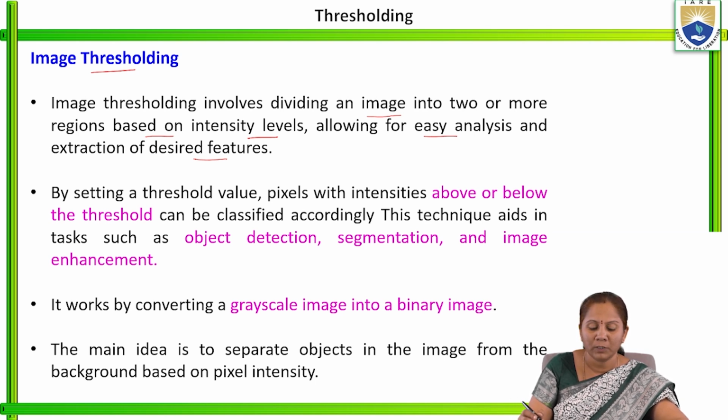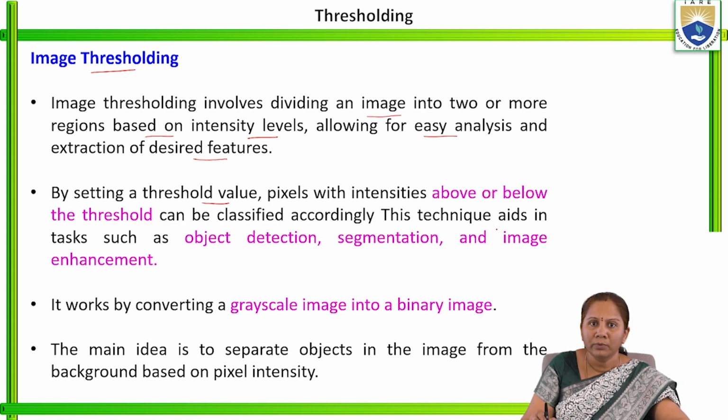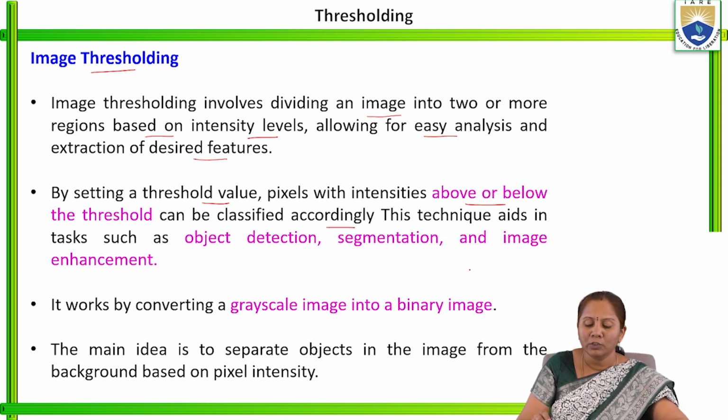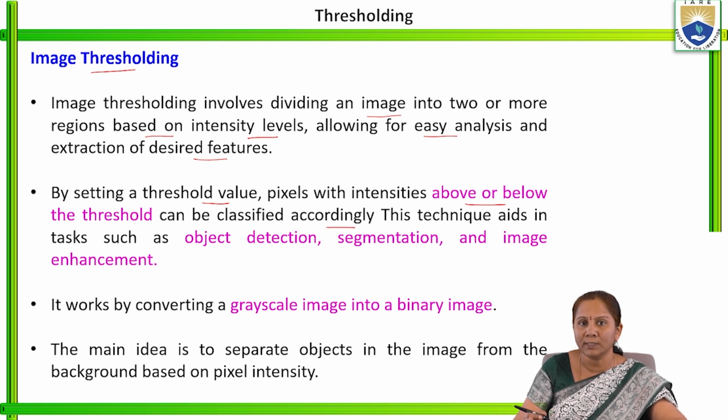By setting the threshold value, the pixels with intensities above or below the threshold can be classified accordingly. Generally the given image consists of different pixel values. The threshold value that we set is based on the user.